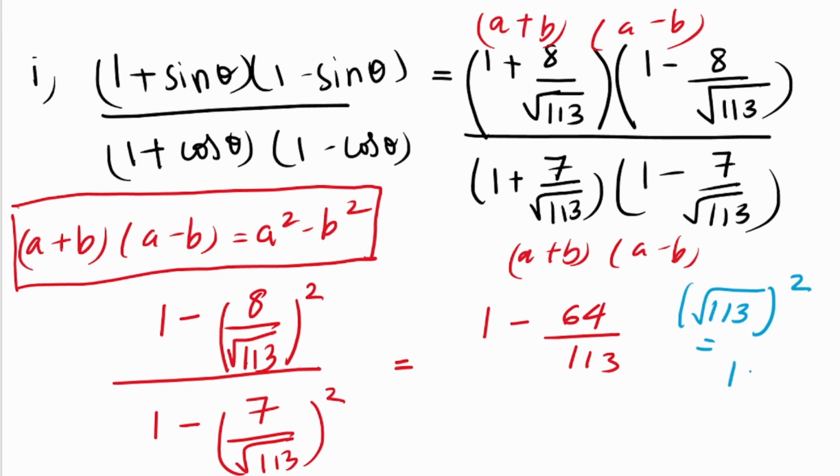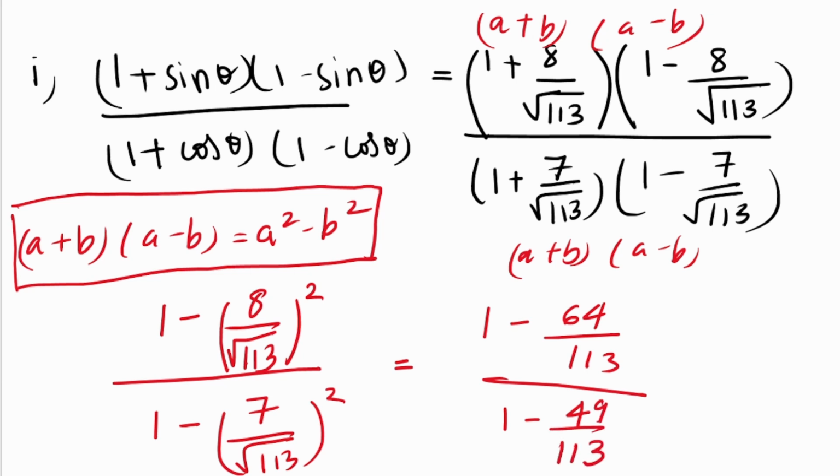Square of square root is the same number itself. Divided by 1 minus 7 square, which is 49, divided by 113.